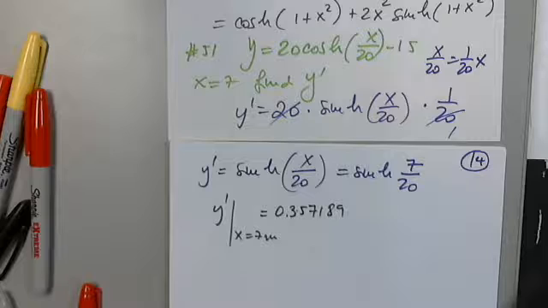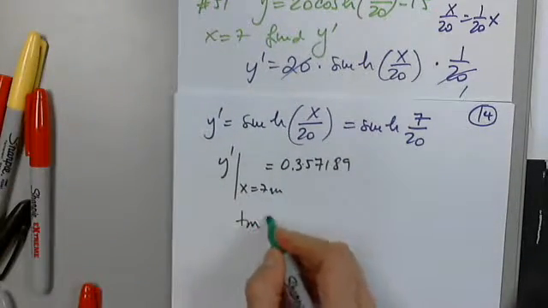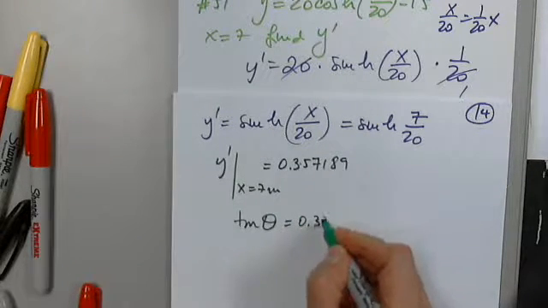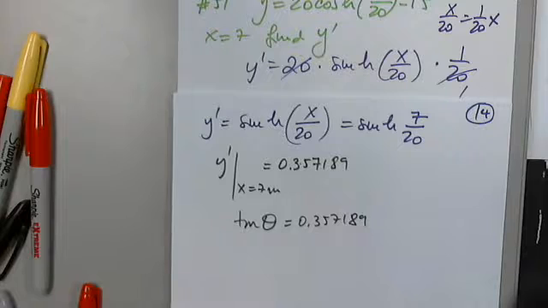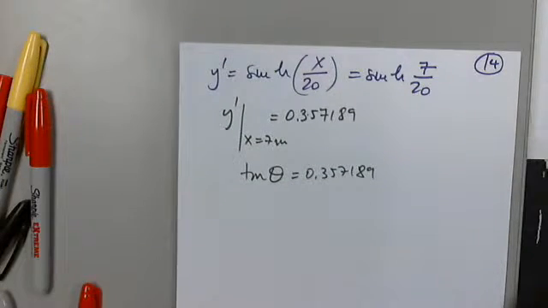The second part of the question is asking us to find the angle theta between the line and the pole. So tangent theta equals 0.357189. How do I solve this equation for theta? I apply something to both sides.